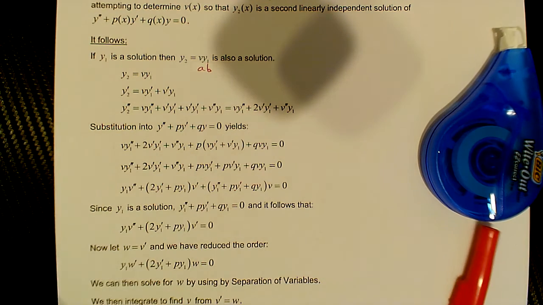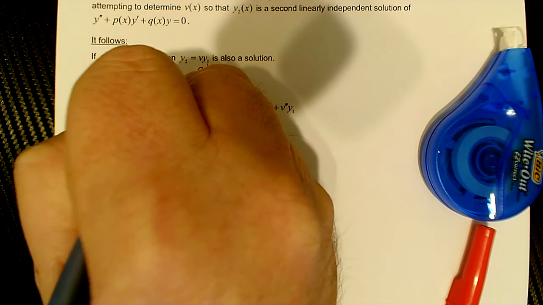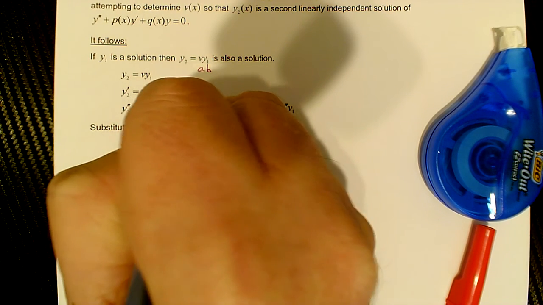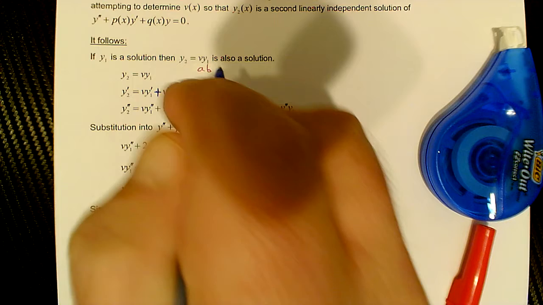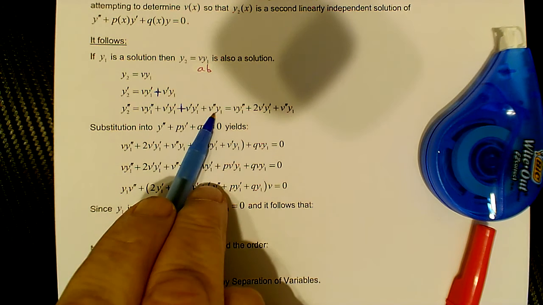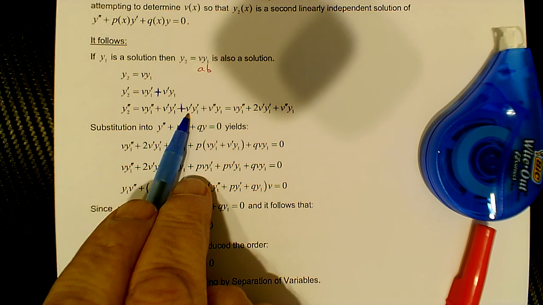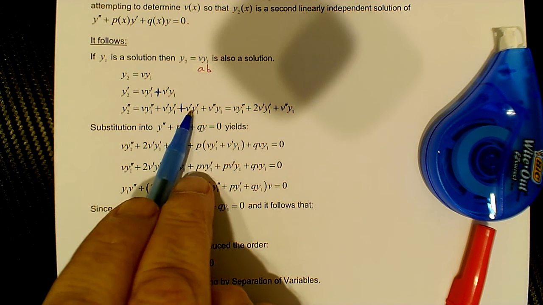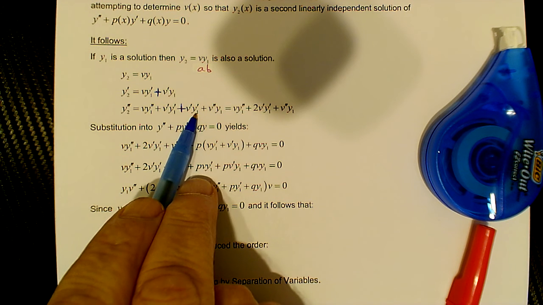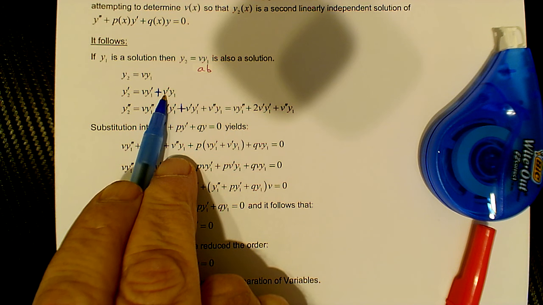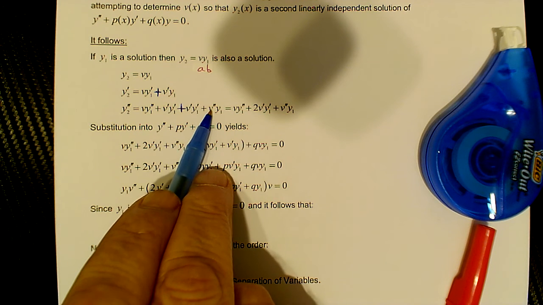So we realize that these two terms are the result of the product rule on this term, which would be first factor v prime, derivative of the second, y1 prime, plus the second factor y1 times the derivative of the first, and the derivative of v prime would be v double prime.